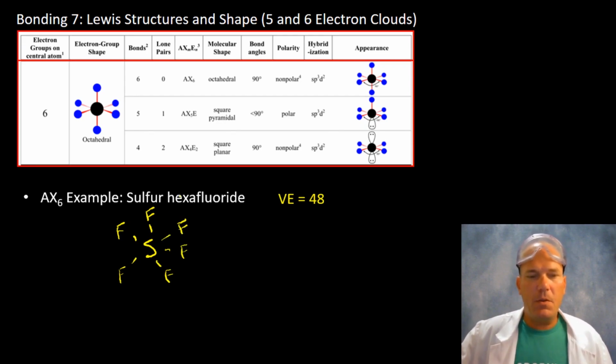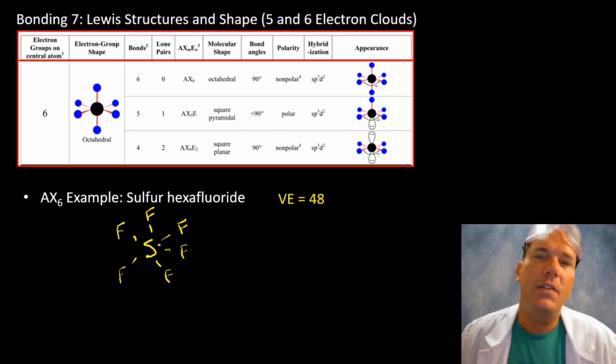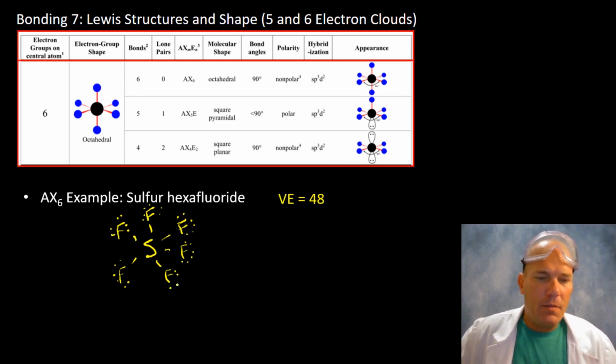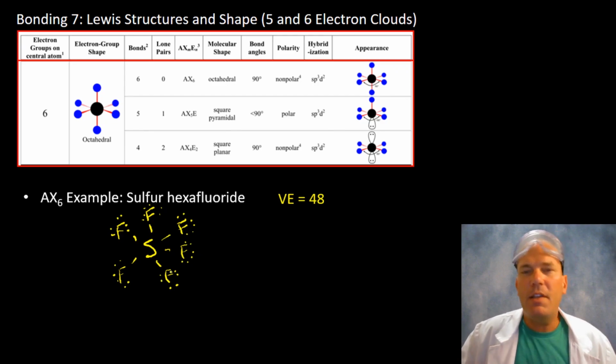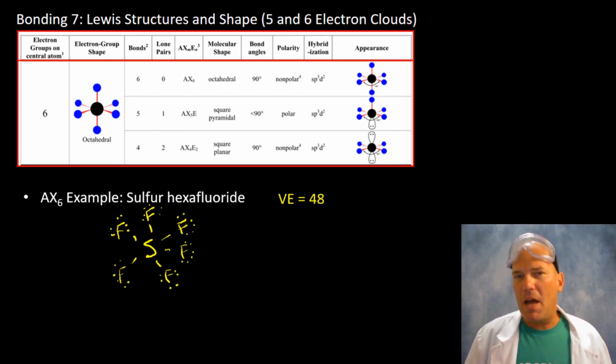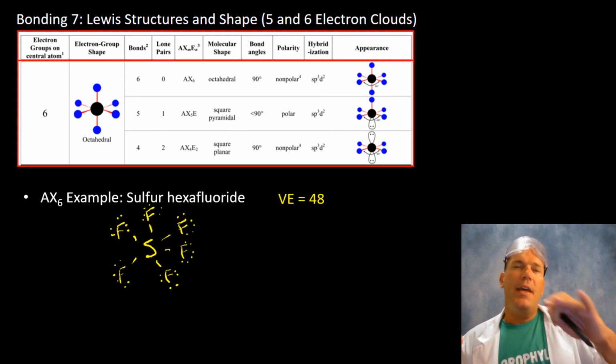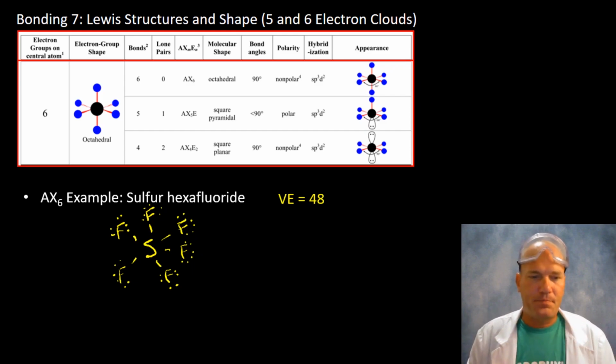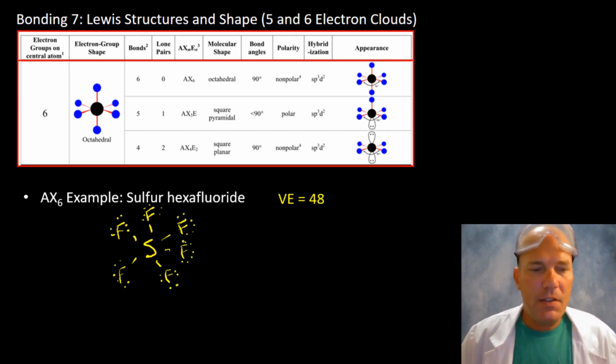So we have our 6 fluorines around the sulfur, and now I'm going to go through and satisfy the octet rule, and then I'll go through and make sure that formal charges make sense, which means they are minimized. If you get a formal charge of a +1 on one ligand species and the overall molecule is neutral, then hopefully you get a formal charge of -1 on another one, so those cancel out.